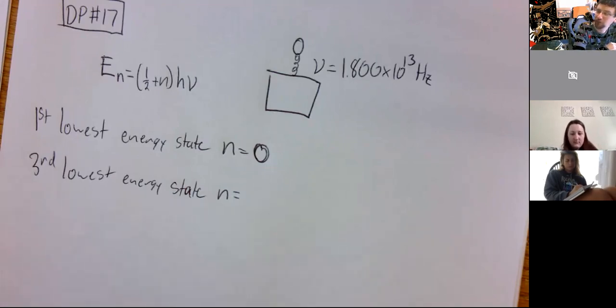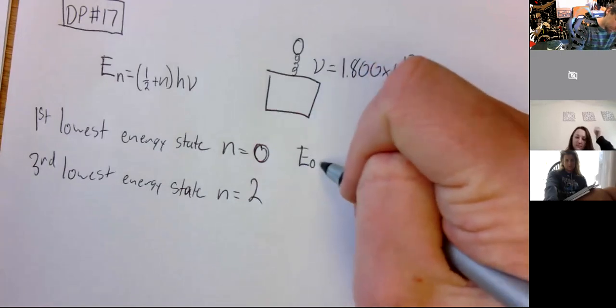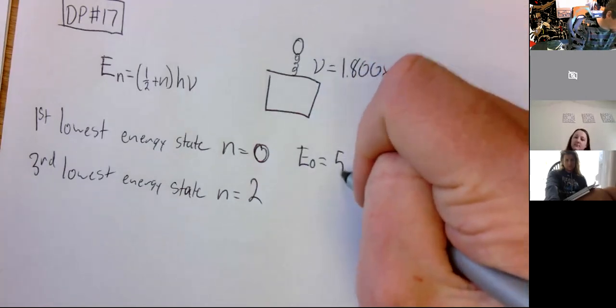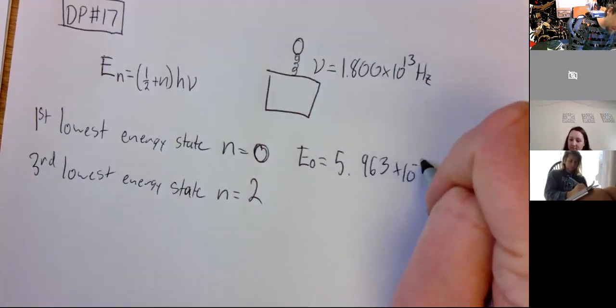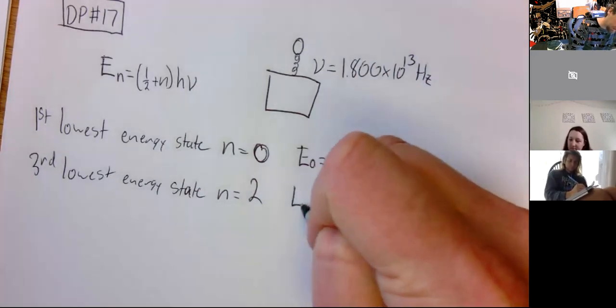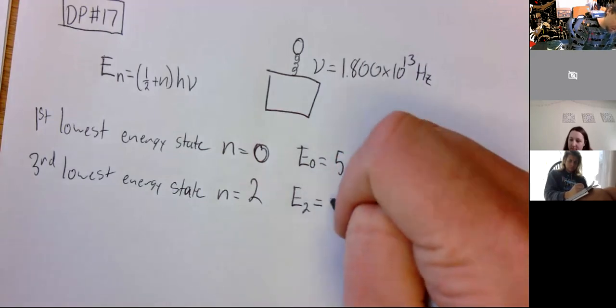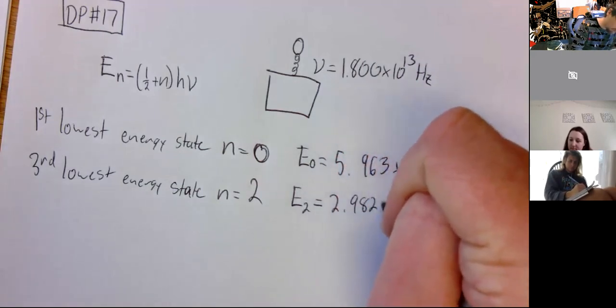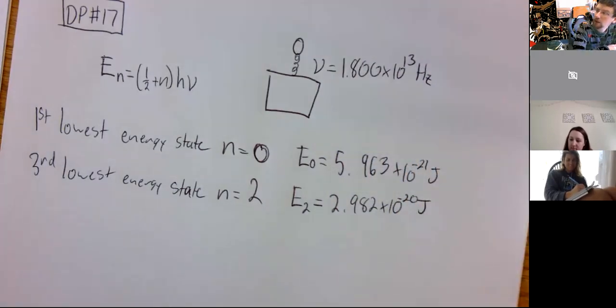So that makes what the third lowest? 2. Yep. So if you calculate those, what you end up getting is 5.963 times 10 to the minus 21 joules. And if we're looking at E2, you get 2.982 times 10 to the negative 20 joules.